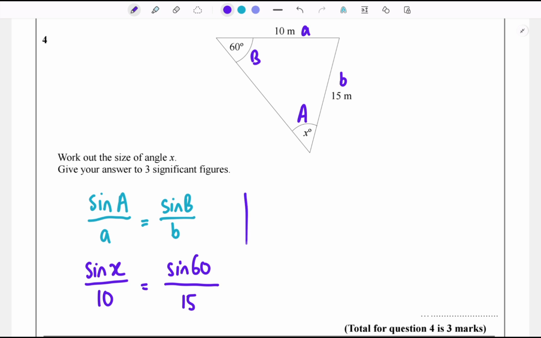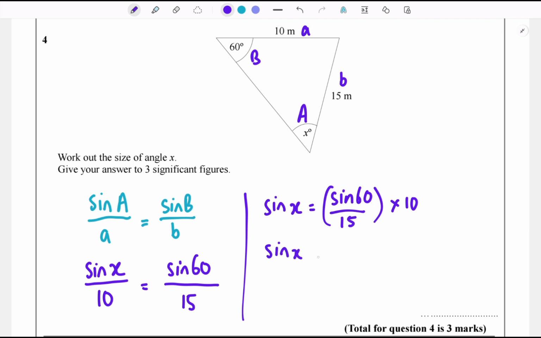We need to get x alone. So let's do sine x equals, so we're going to times 10 up to get rid of it from the denominator. So it will be sine 60 over 15 times by 10. And that just gives us root 3 over 3.